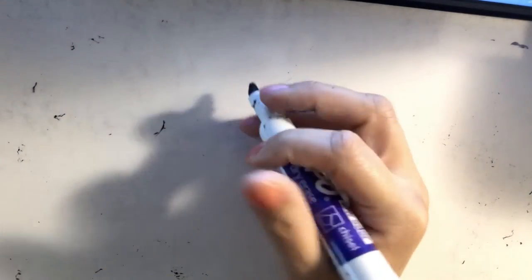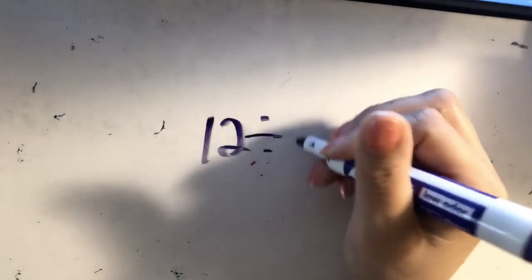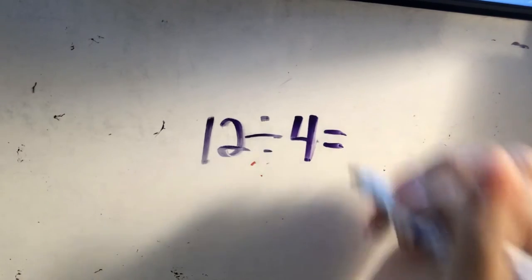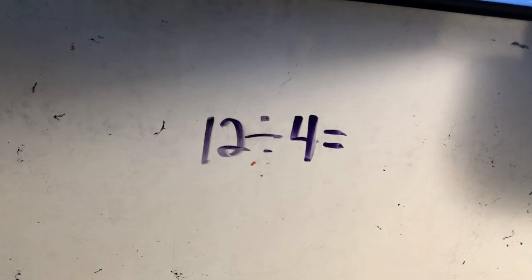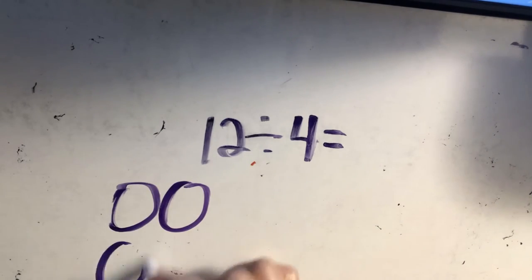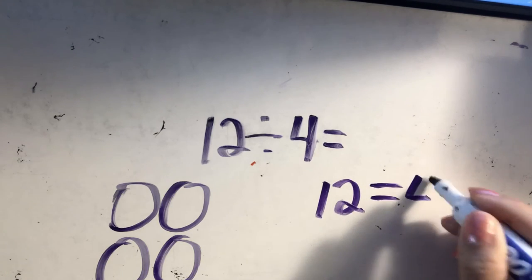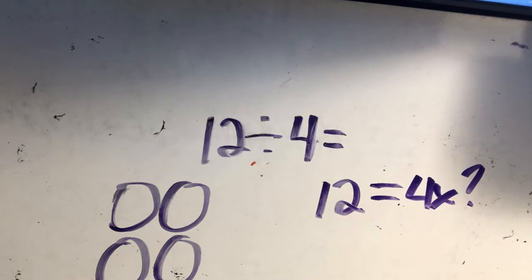So I'm going to try one more for you. If you want to do a practice problem, you can. I'm trying to give you something they didn't give you yet. Let's try 12 divided by 4. Just take a second to figure out what 12 divided by 4 is. You can draw 4 circles, or you can do 12 is equal to 4 times what number?